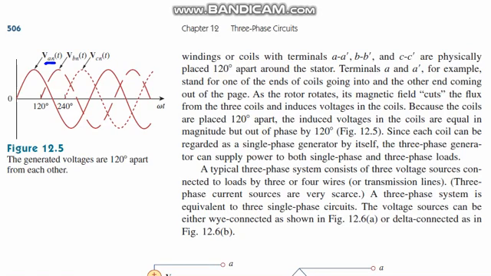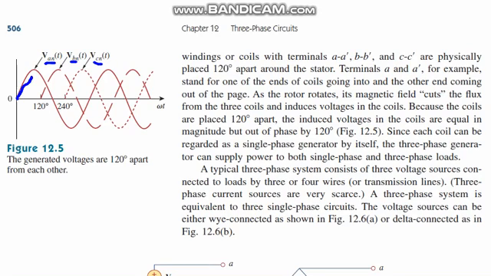This kind of voltage is known as a phase voltage: VAN, VBN, VCN, the phase-to-neutral voltages.